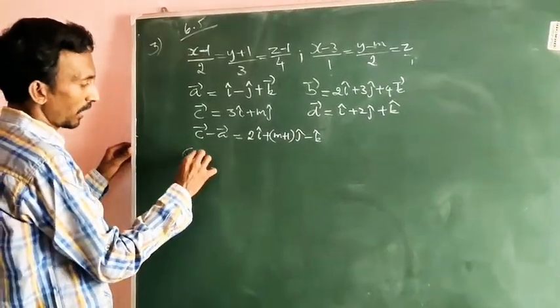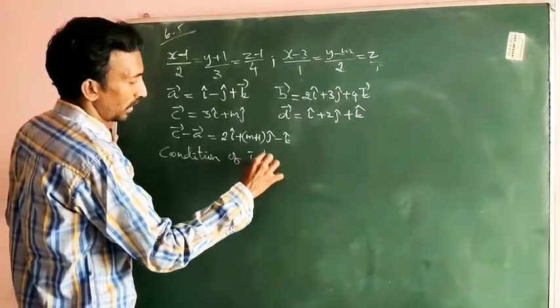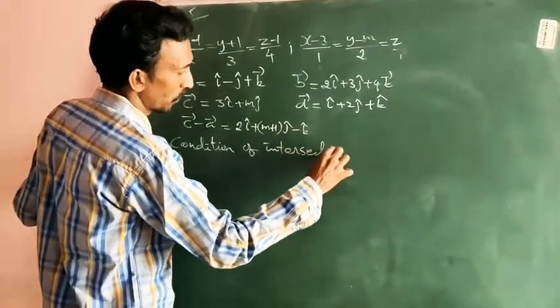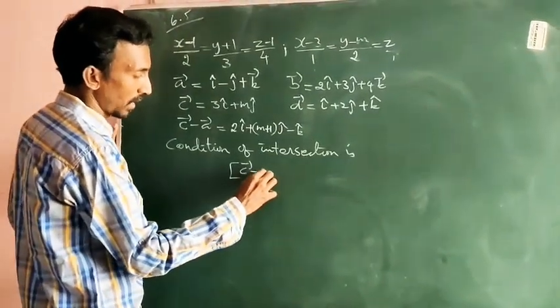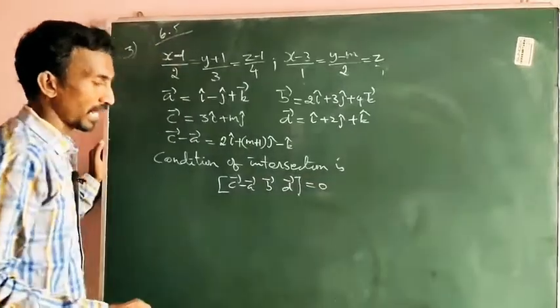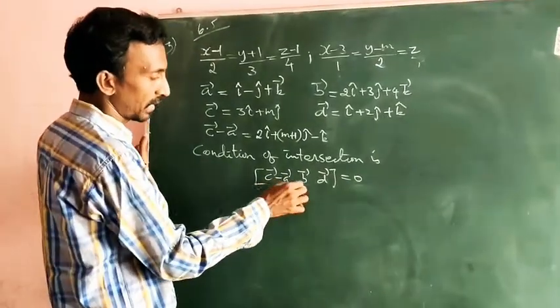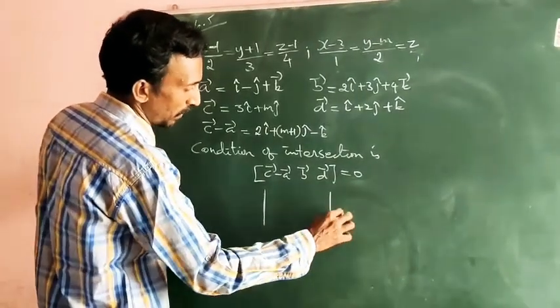So now the condition of intersection is either the box product c minus a, b, d equals 0, or you can write the scalar triple product c minus a, b, d equals 0, or you can use the determinant method.